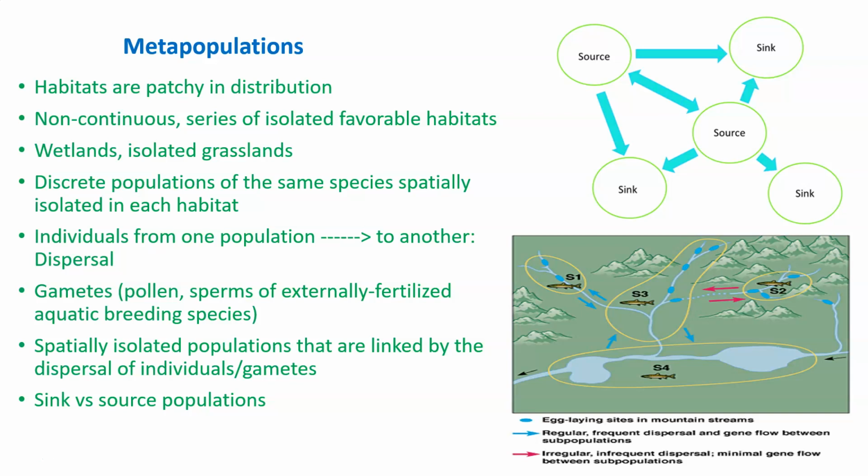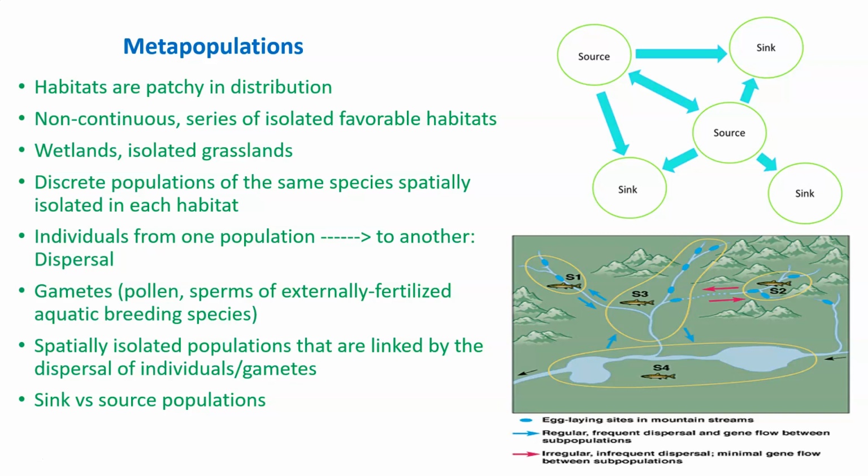So a metapopulation essentially is spatially isolated populations that are intermittently linked by dispersing individuals or dispersing gametes. This metapopulation phenomenon, triggered by migrating or dispersing individuals or adults, creates a source-sink dynamics across that landscape within the metapopulation.